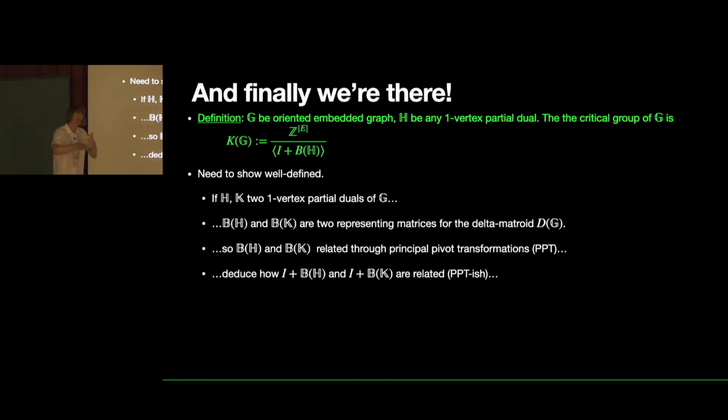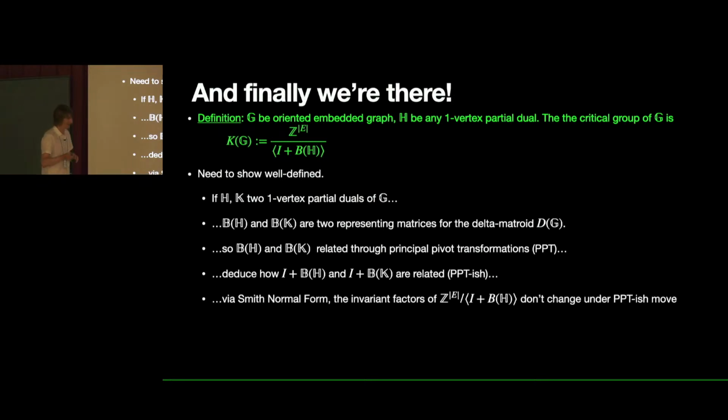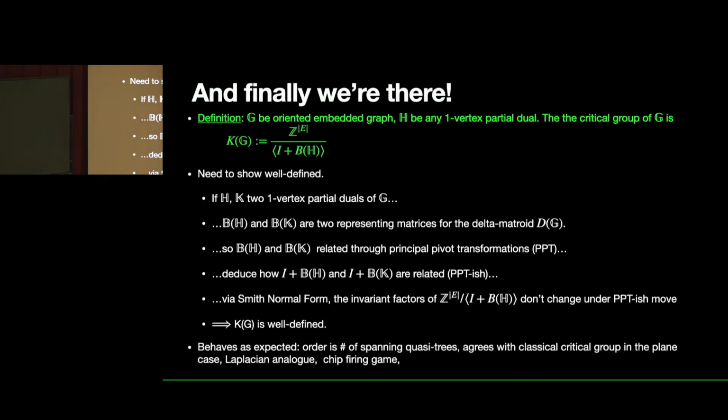But I can't lift this machinery off the shelf, unfortunately, largely because I have to add these identity matrices. So the delta matroid theory tells me what to do, but I have to change the argument slightly. With this equipment, I can then look at the Smith normal form and see that the invariant factors don't change, so K of G is well defined.